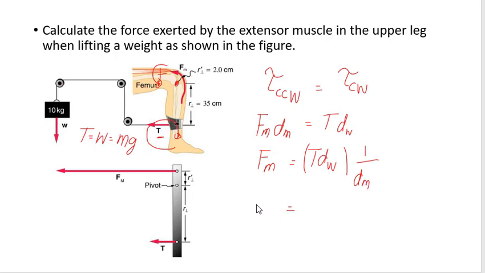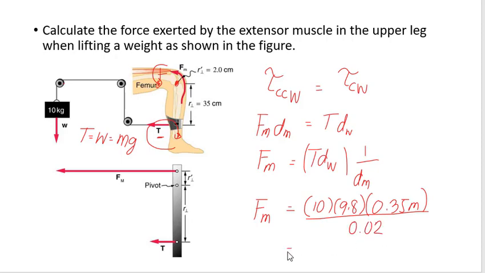So we now have the force is, tension is mass times 9.8. The mass given is 10, so that's 10 times 9.8, times the distance of the weight, that's 35 centimeters, so you have to convert it to meters, it's 0.35 meter. Then divide everything by the distance of the muscle, which is 2 centimeters, that's equivalent to 0.02 meters.